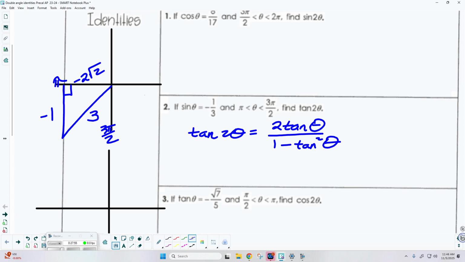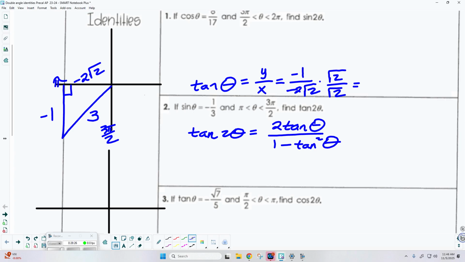So I'm looking over here at my picture. Let's see what we got here. So what's the y value? Negative 1. I'm going to divide it by the x, the negative 2 root 2. Well, the two negatives are going to cancel, but it looks like I do have to rationalize it. Anybody tell me what should I be getting for tangent of theta?